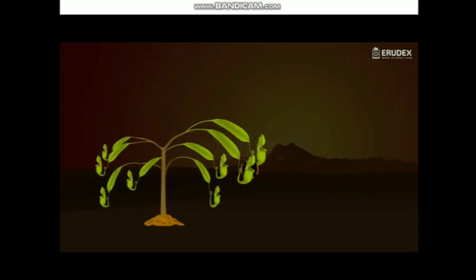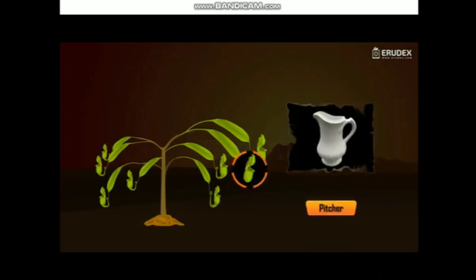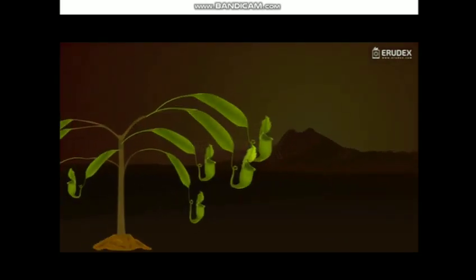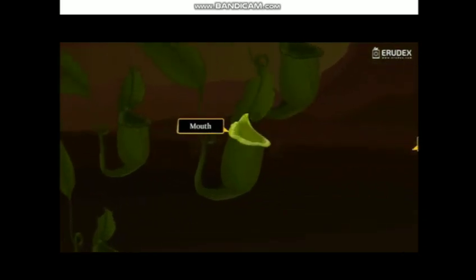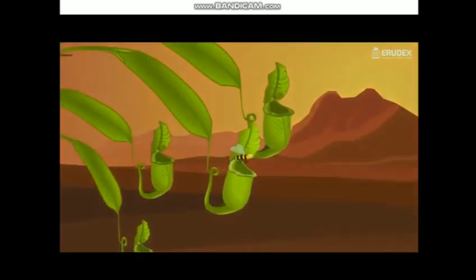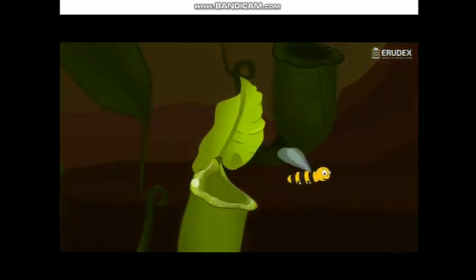Nepenthes has some leaves which are modified into pitcher-shaped structures. The apex of the leaf forms the lid, which is flexible to open and close the pitcher. Mouth of the lid is sticky with some hairy outgrowths. The sticky secretion shines to attract the insects.